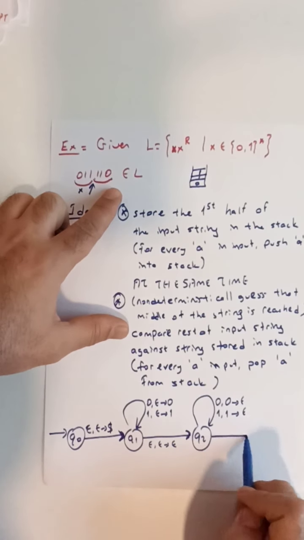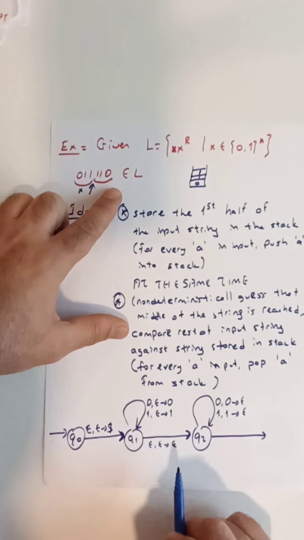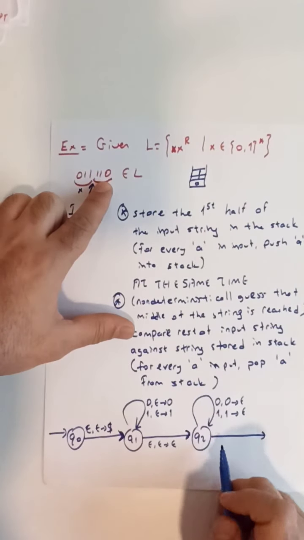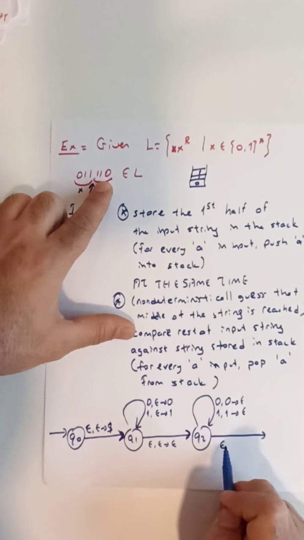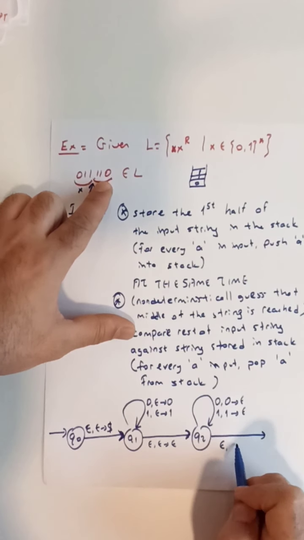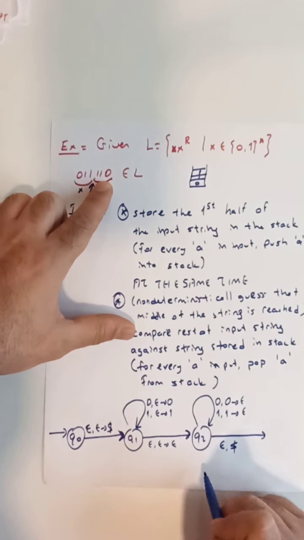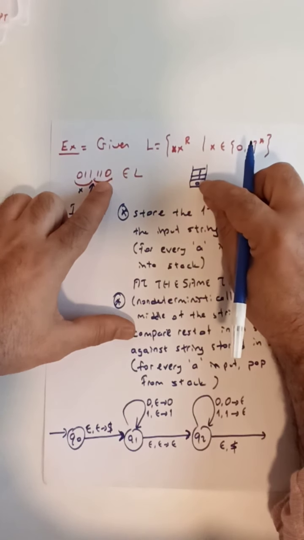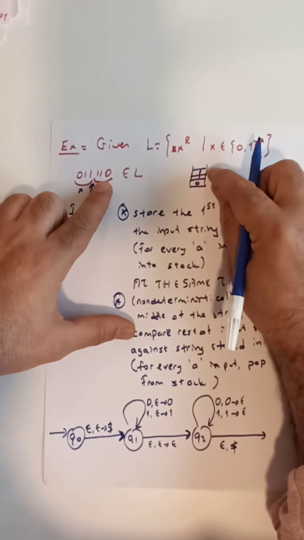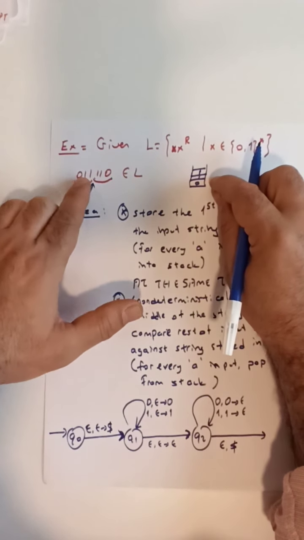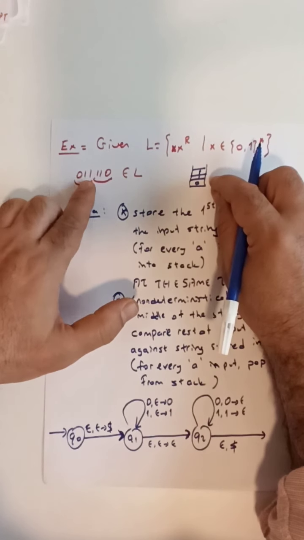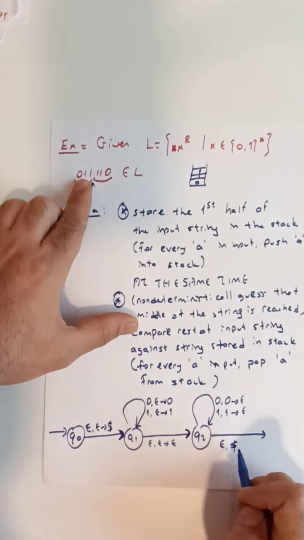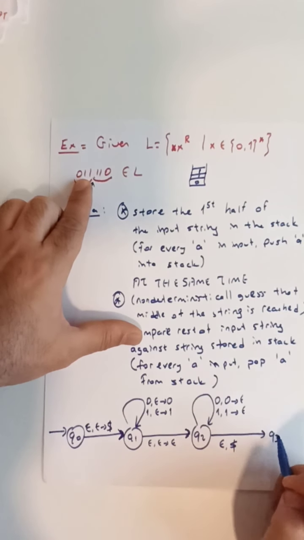And at the end, upon finishing the processing of the whole input string, with epsilon for the input symbol, if the stack becomes empty, which means that we have verified that every element stored in the stack corresponds to every element in the first half of the string, stored in reverse order, then go to the accepting state Q3.